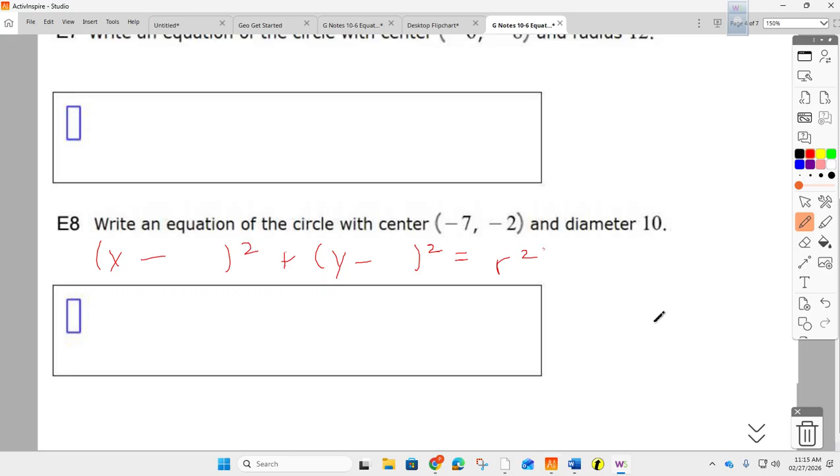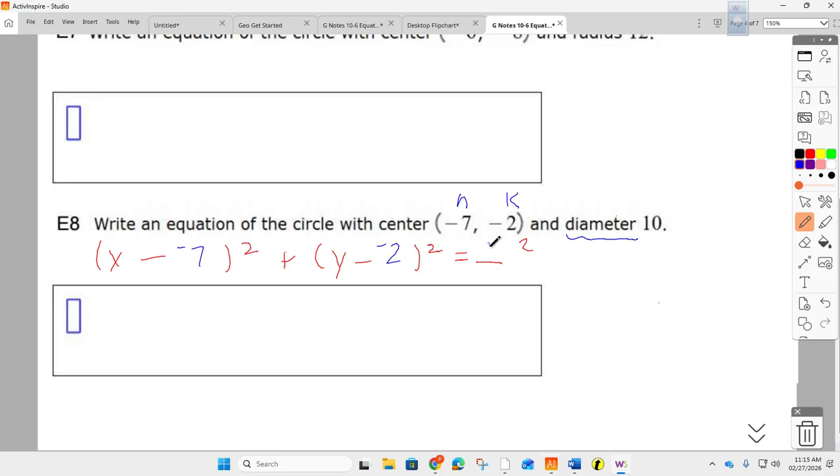So we're going to go ahead and plug in. So x coordinate, y coordinate, but remember we call this the h and the k in this formula. So it's going to be -7 here, -2 here, and here they give us the diameter. We can't plug the diameter in. We have to plug the radius in.